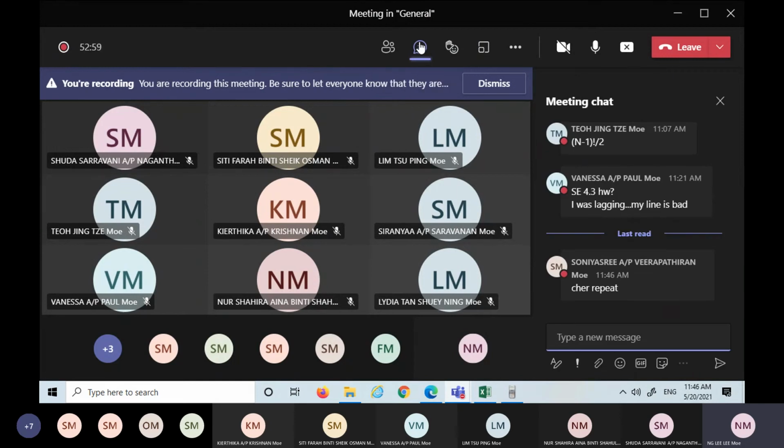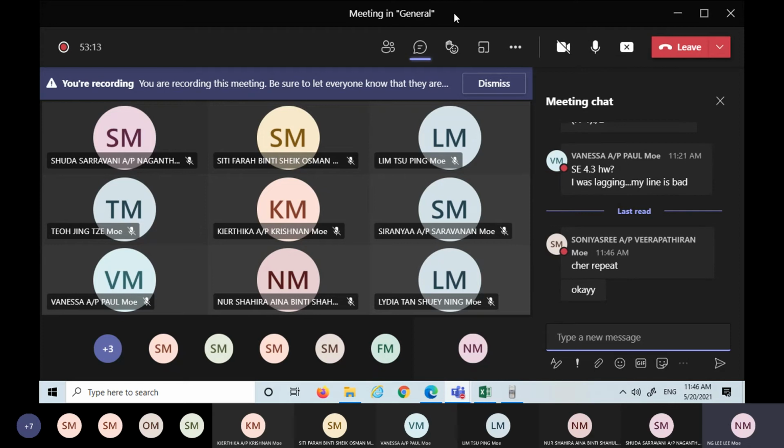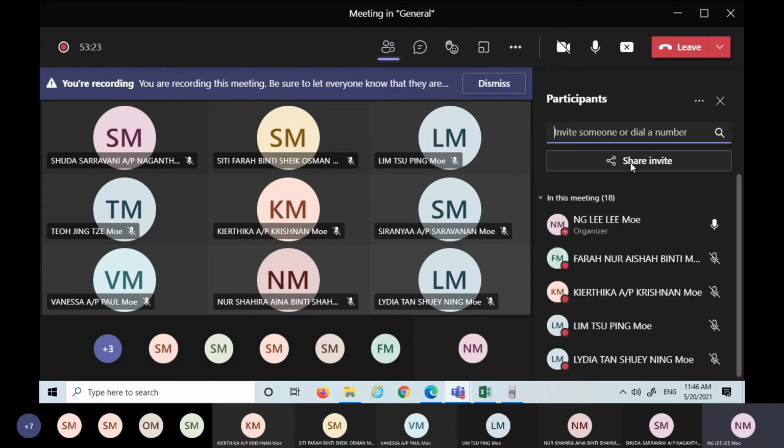Repeat homework. Which one is your homework? I will ask you a question. Who is not here? Can someone help tell me who is not here? 1 girl not here. Just check for me those 4 girls.